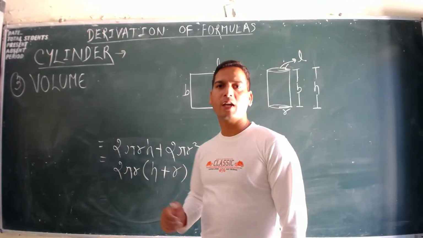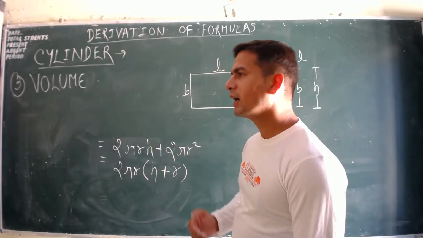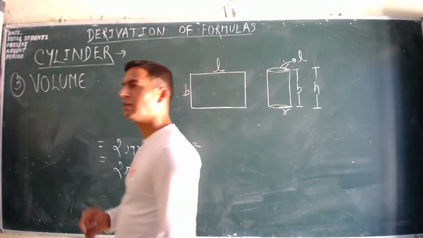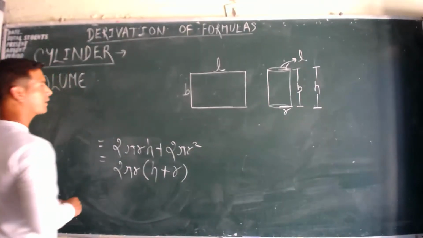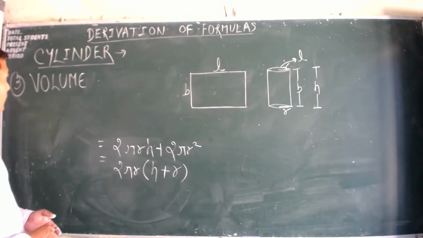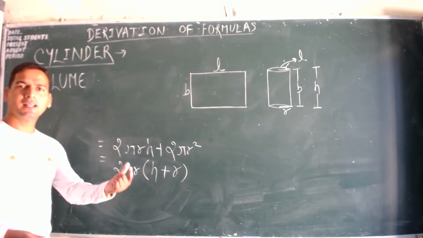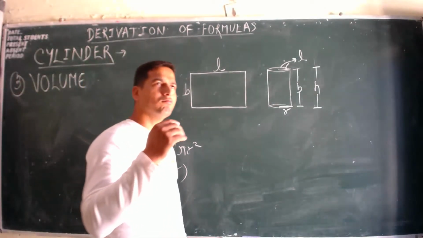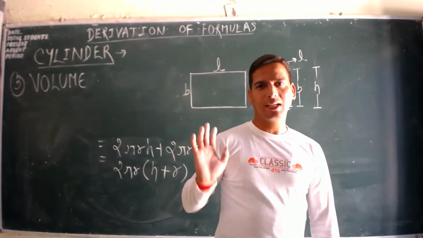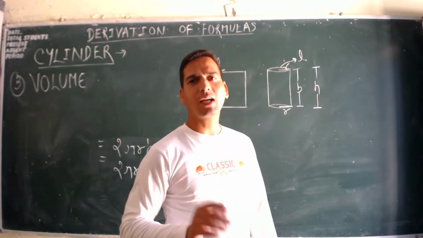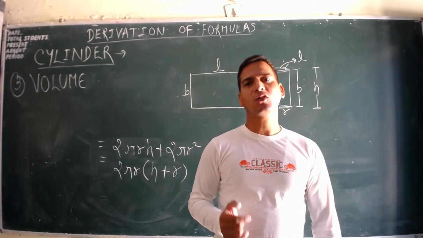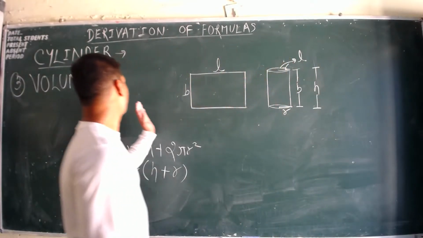Reason: volume can be found out with the help of first side into second side into third side. Clear? But in a cylinder, you can say h is a side, but length and breadth are not included in the case of cylinder. So leave it.